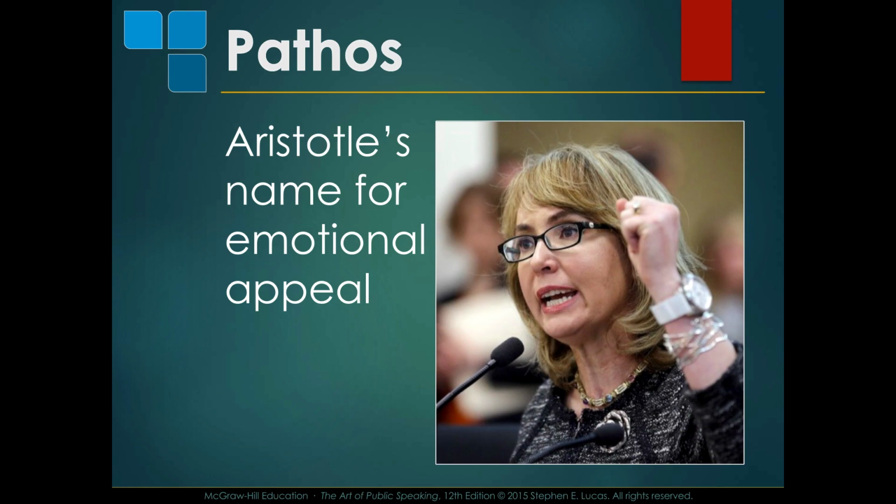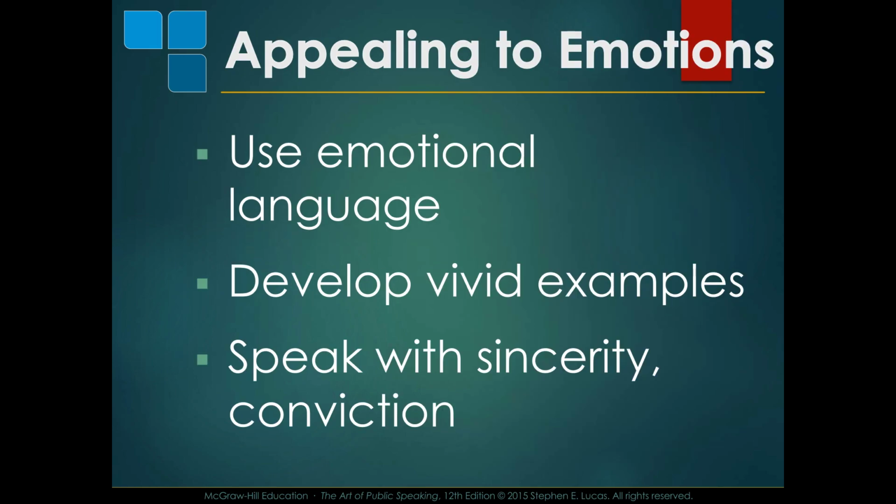Just for your information, Aristotle calls that pathos. And when we're appealing to emotions, first of all, we want to use emotional language, use vivid language, and develop vivid examples. I think we already talked about this when we talked about using statistics.